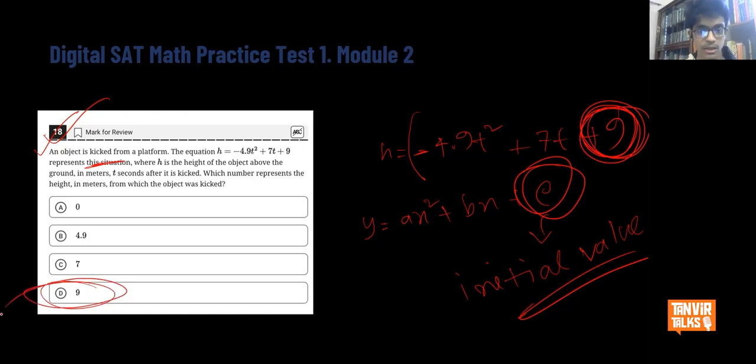So that's that. You don't need to solve anything, you just have to interpret the meaning of the numbers that have already been given.